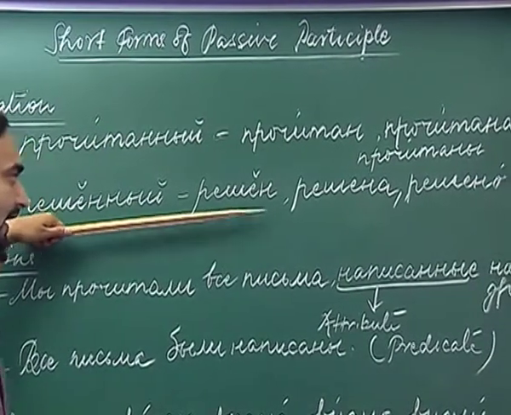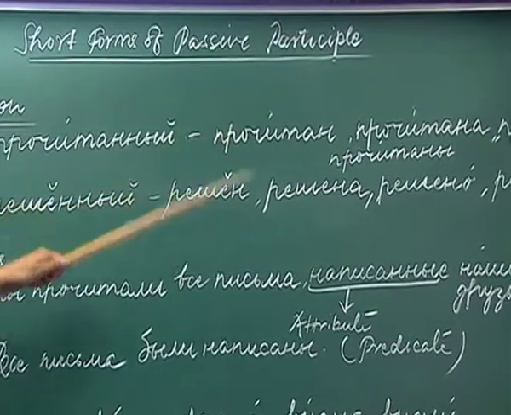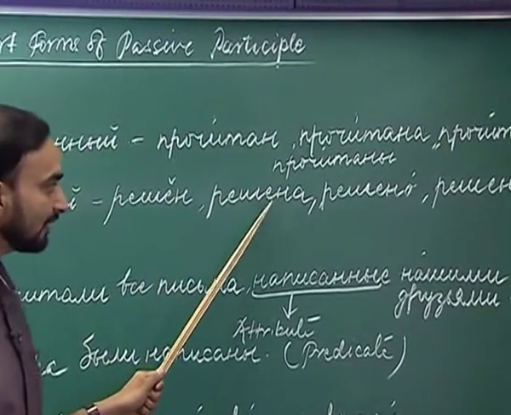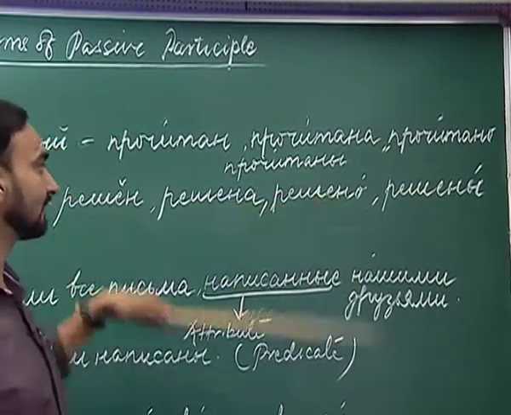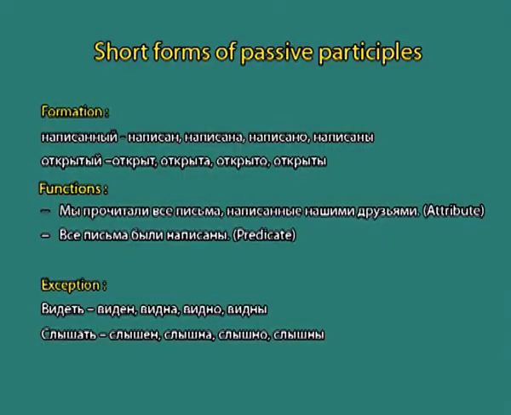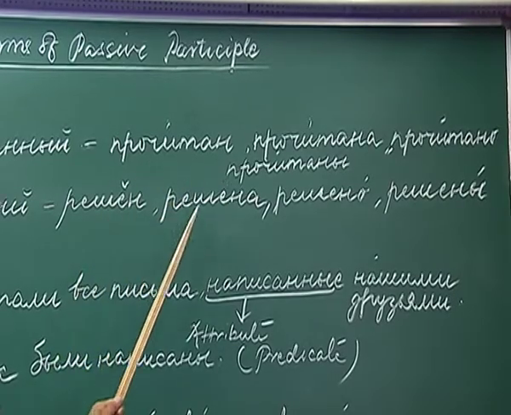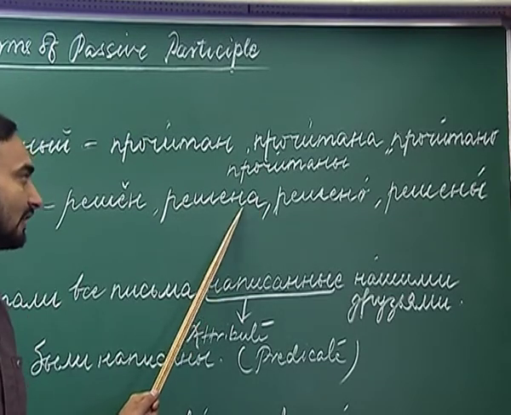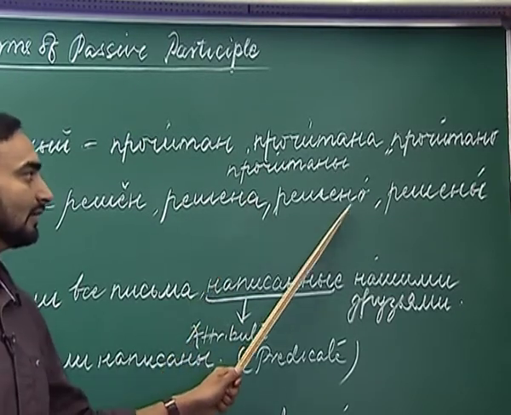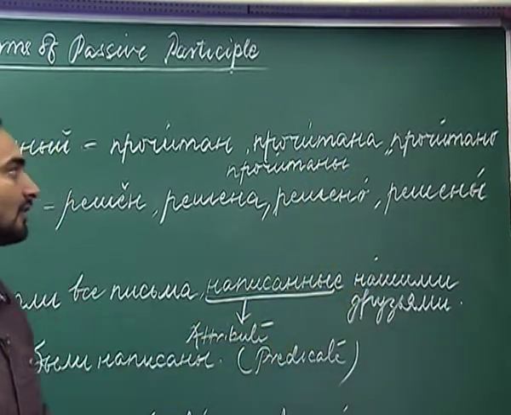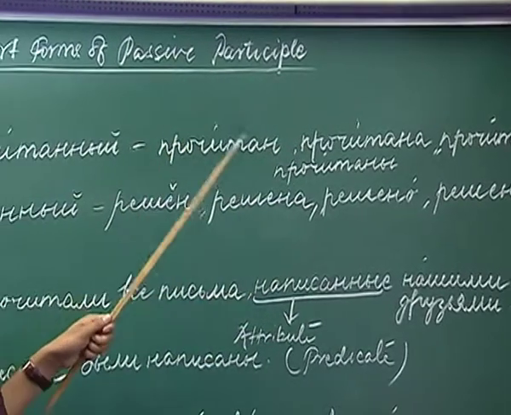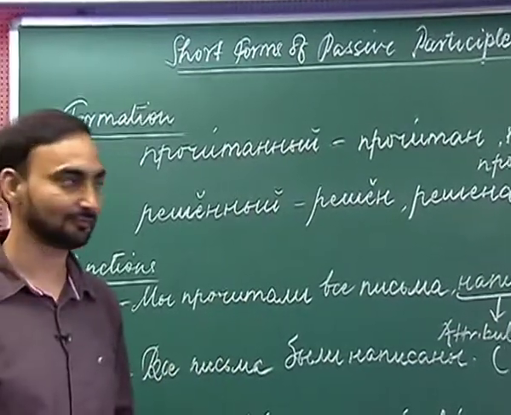The same stress has been carried forward in the masculine form, but when we come to the feminine, neuter and plural, the stress changes. So, here a is stressed, rishina, rishino, rishinni. As you can see, the stress has changed to the last syllable. So, here the last syllable is stressed, here again the last syllable is stressed, and here also the last syllable is stressed. So, this is about the stress pattern in the short forms of the passive participle.